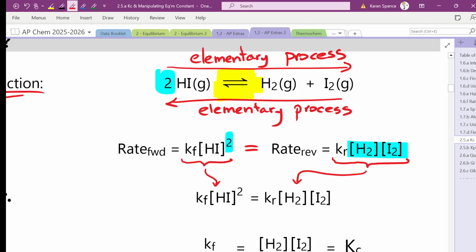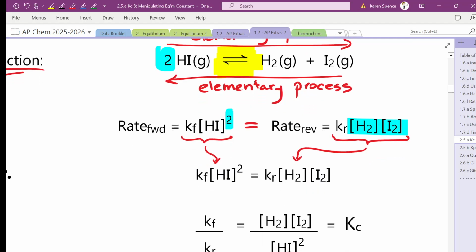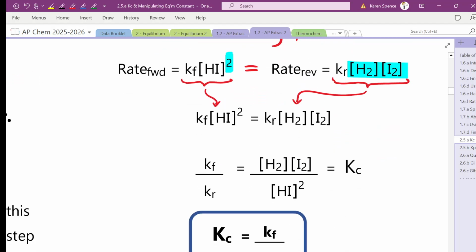Then we're going to combine all our K's on one side, and all our concentrations on the other side. So I'm going to take my reverse K and bring it down to the other side, and take my HI squared and bring it down to the other side.